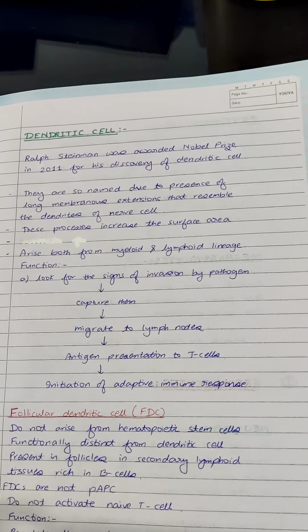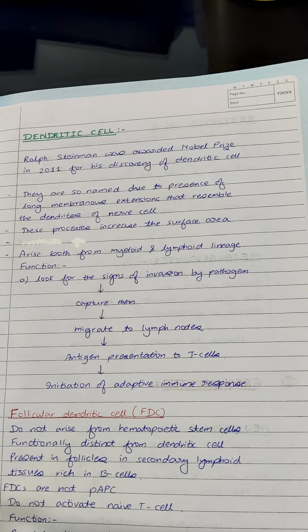Now coming to another type of phagocytic cells, that are dendritic cells. The scientist Ralph Steinman was awarded the Nobel Prize in 2011 for the discovery of dendritic cells. They are so named due to the presence of long membranous extensions which resemble the dendrites of nerve cells, and this helps to increase the surface area of the cells.